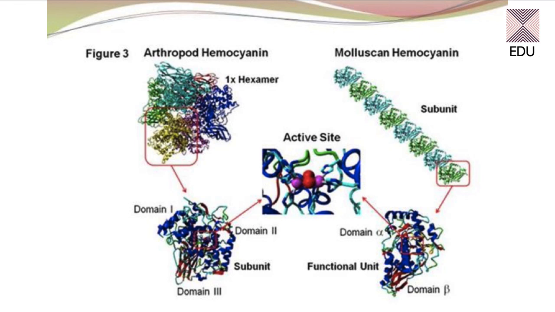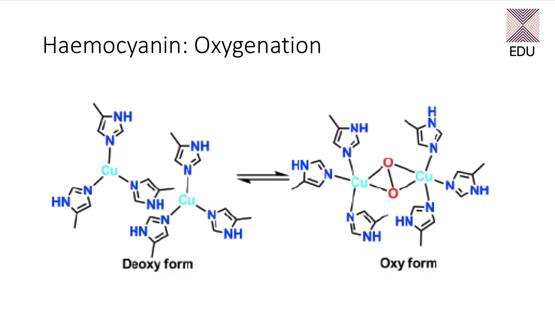The arthropod hemocyanin has a single active site inside three domains, whereas molluscan hemocyanin has a single active site inside two alpha and beta domains. So what it is doing is attaching to two O2s in this kind of a manner. If you see the oxygenation mechanism, we have two Cu in the deoxy form.